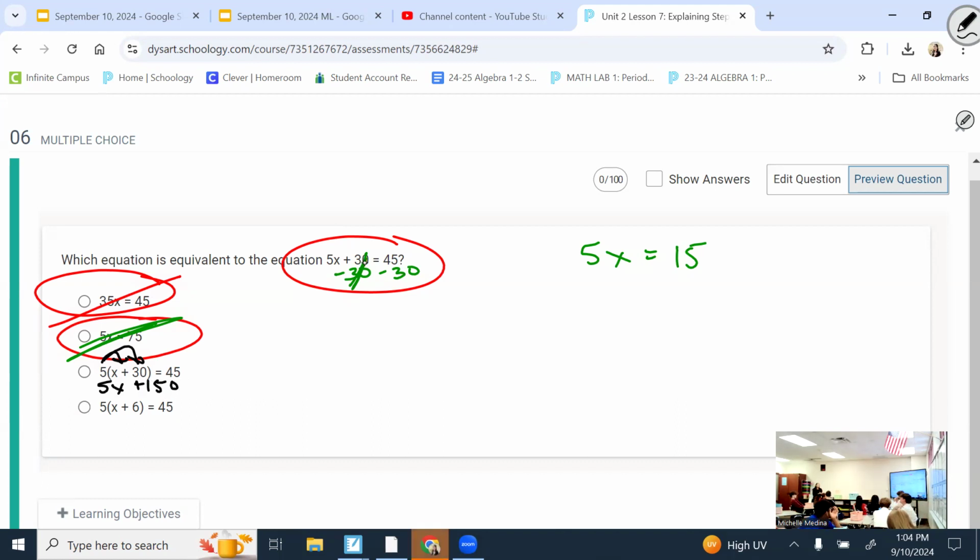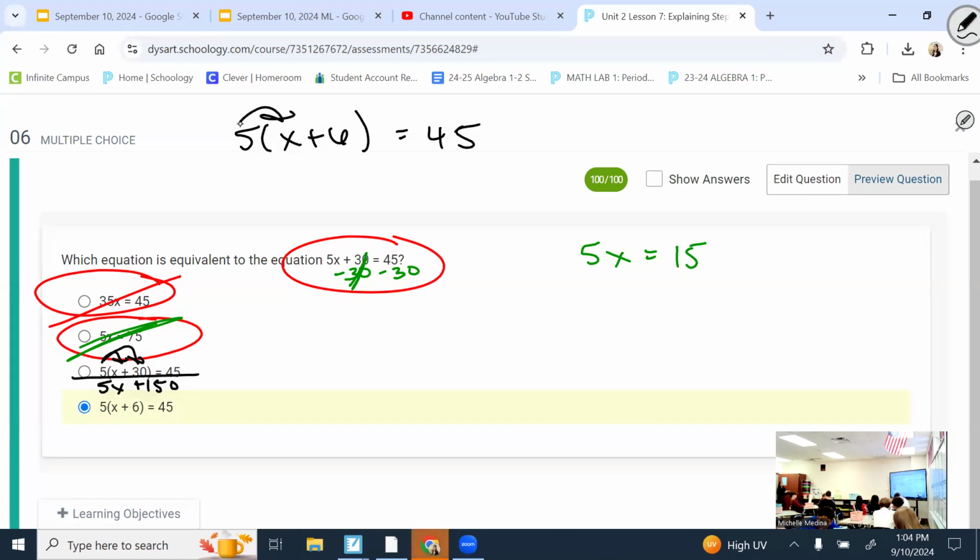Definitely not 30, right? So don't be that. By process of elimination, it must be this one, and of course yours might be shuffled. But this one does make sense because when you properly distribute and multiply the outside by both the inside, it does give you 5x plus 30, so you do get the original. Okay.